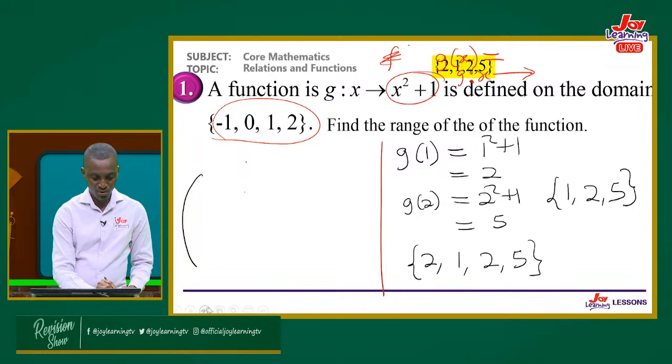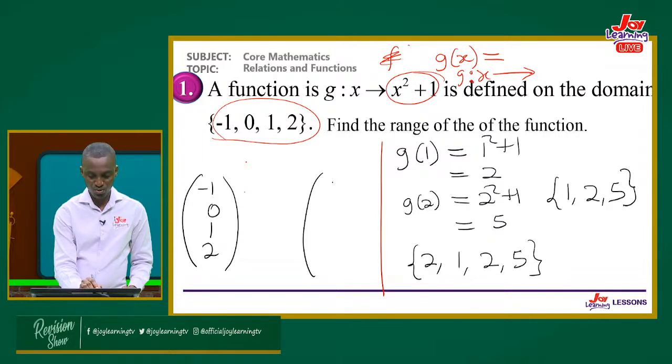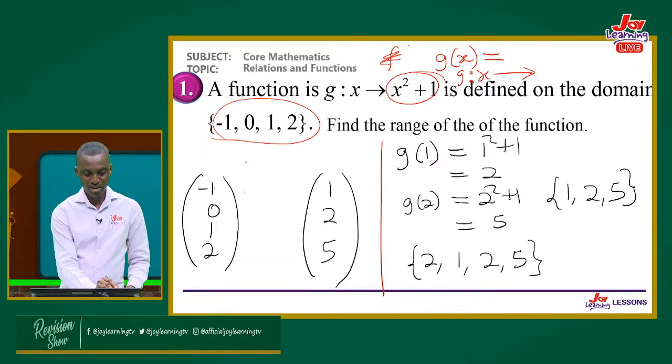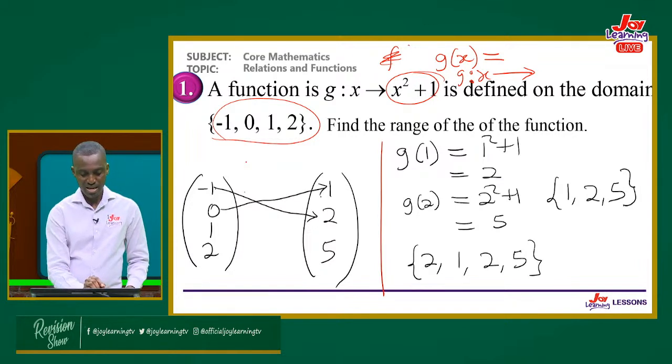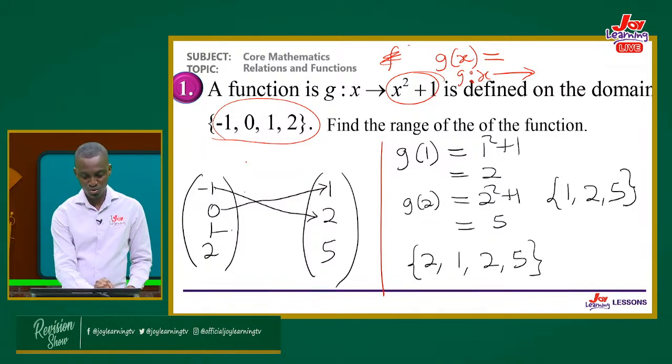I'm going to have my domain as -1, 0, 1, 2, and have my range also 1, 2, 5. Now I will map -1. -1 gave me 2, so I'll map -1 to 2 like this, and 0 gave me 1, so 0 will go to 1, and +1 also gave me 2, so it will go this way.